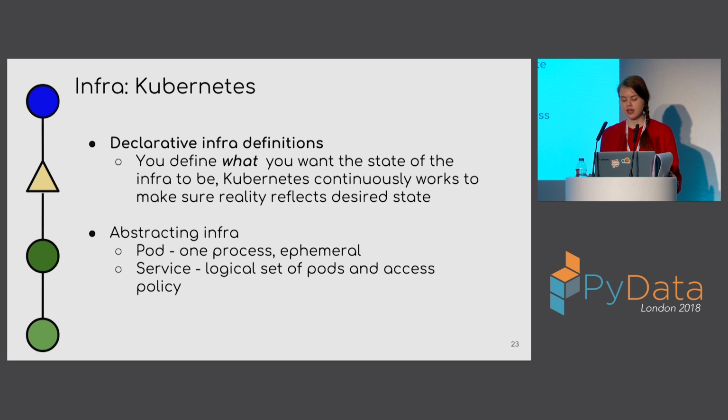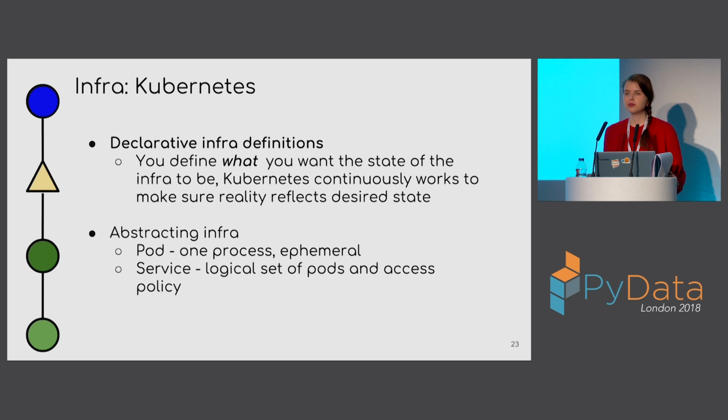Additionally, Kubernetes allows us to abstract infrastructure. So instead of worrying about individual machines or low-level networking details, we have an abstract set of infrastructure objects, pods, services. They represent different kinds of things about how our JupyterHub should be running and how it should be deployed. This usually makes it easier for people who don't have much experience in the infrastructure space, like me, for example, to have a functional Kubernetes deployment.